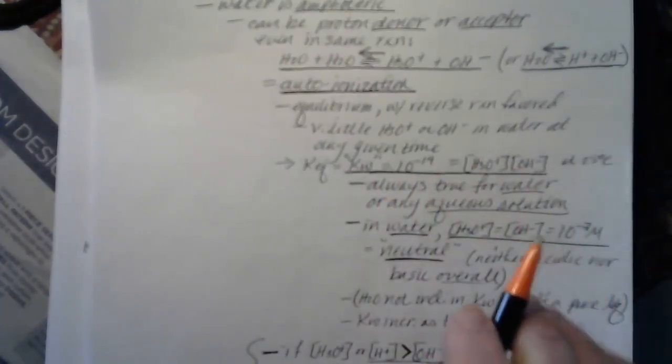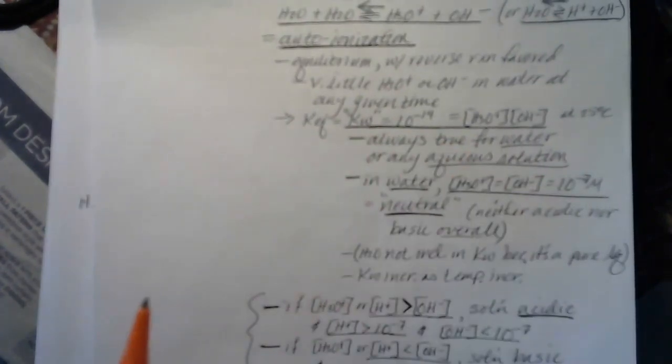And it's interesting that this is not just true for pure water, but it's true for any aqueous solution, as it turns out. If you add acid to the water, the H3O+ concentration is going to go up, but the OH- concentration will go down. And so one times the other will still be 10 to the minus 14.